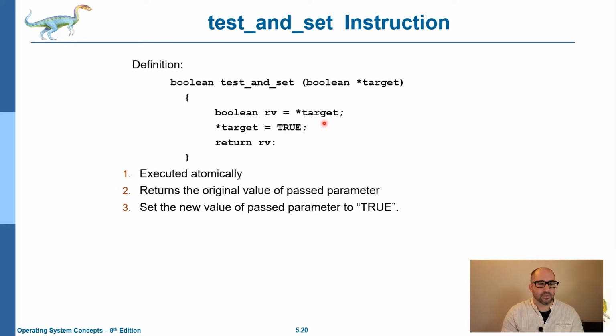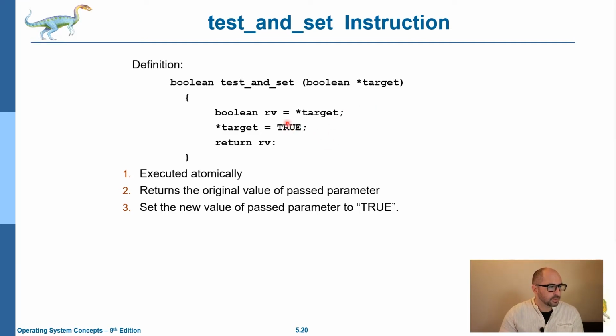So this, though it is written in C, I would consider more pseudocode for our test and set atomic instruction. The idea is that we have some target, and that's the thing that we are going to set after we test it. Testing means, in this case, to copy the value and return it.